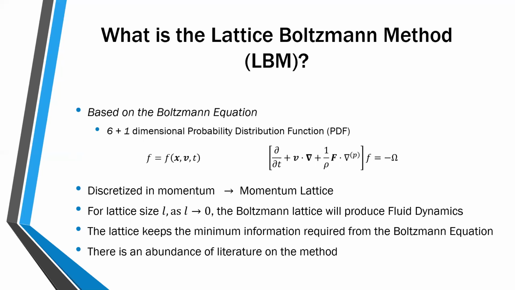The idea is that we discretize the momentum space. So it's a 6+1 dimensional probability distribution function. The Lattice Boltzmann method takes the momentum space and discretizes it, the idea being that as the lattice spacing goes to 0, we will completely reproduce fluid dynamics.